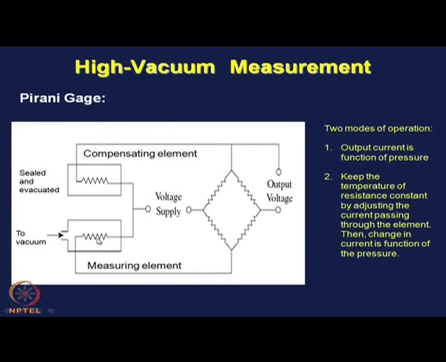The resistance wire is kept inside an enclosure usually made of hard glass, and this is connected to the pressure source. We take exactly identical another element, completely evacuated and then sealed.